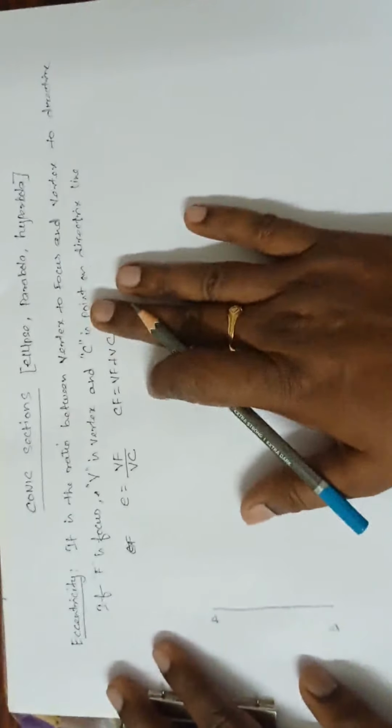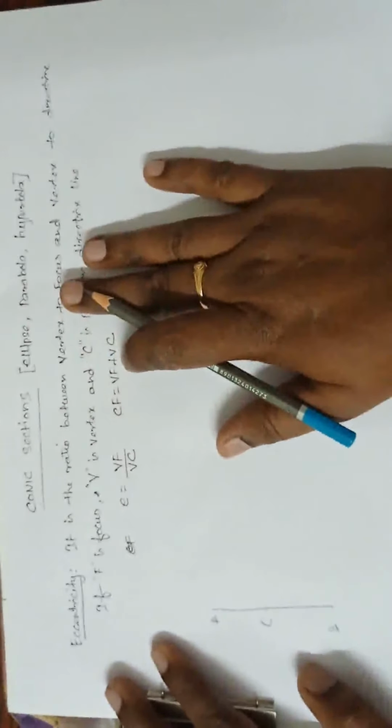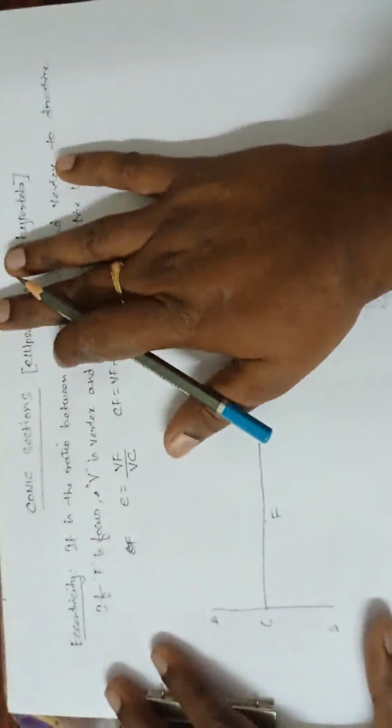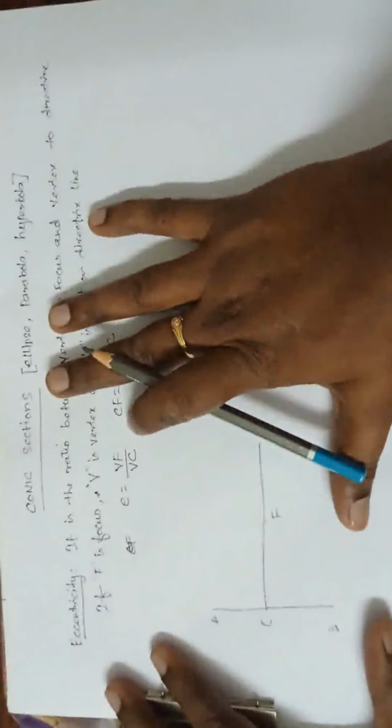Suppose there is a fixed line, directrix AB, I am assuming, and I mark a point C. If I draw a perpendicular line from C, at a certain distance it will give the distance from directrix to focus, both are fixed. Now where to draw the vertex?